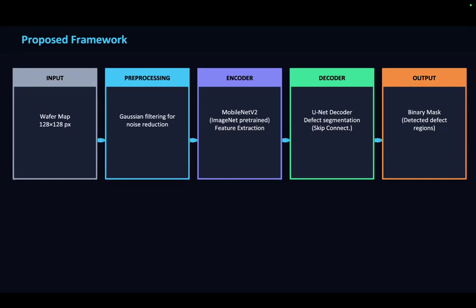Then it goes through a U-Net decoder that reconstructs the segmentation mask, which identifies the defect region in the wafer image. And finally, in the output section, it is compared with the binary mask and shows the detected defect region.